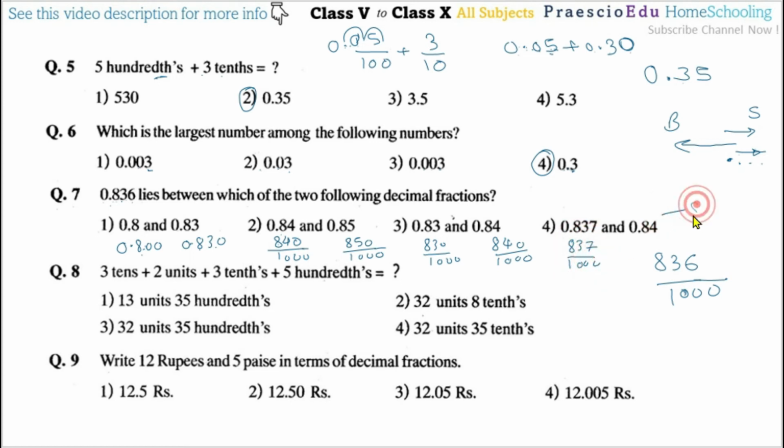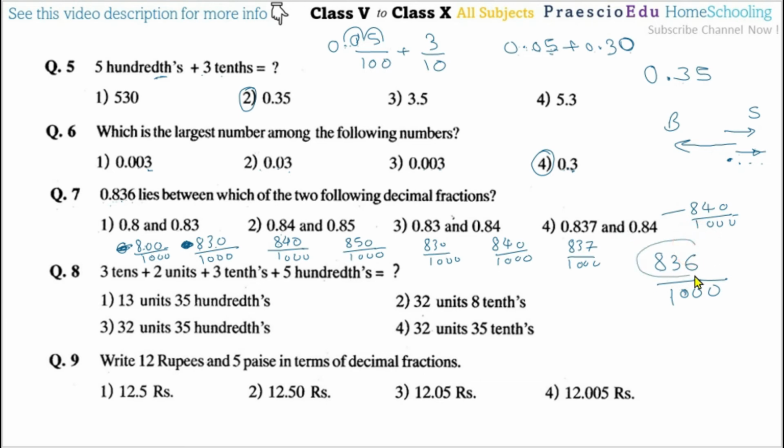All the decimal fractions now have 1000 in the denominator, so the point need not be written, and now we only look at the numerators.